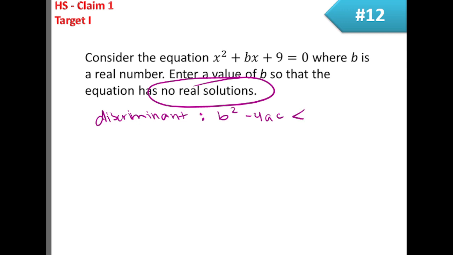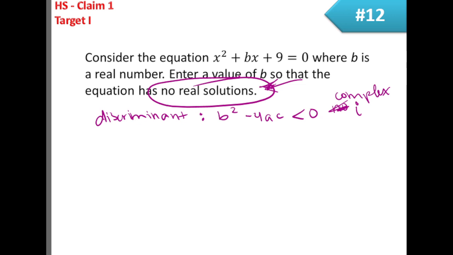If this is less than 0, that means the answer is a complex number, which is not a real solution. Okay, complex meaning it has imaginary numbers.